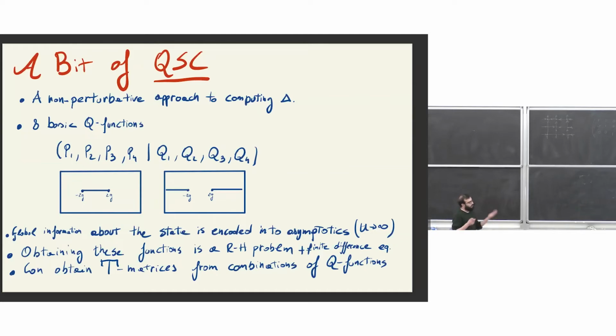And if you take this limit for U that goes to infinity, so if you look very far away on the side, you'll know that this P and Q function will scale as some combination of your quantum numbers. So the idea is that when you try to solve and obtain these Q functions, you plug in the information about your state for U at infinity, and then use a lot of these properties and difference equations to construct these P and Qs.